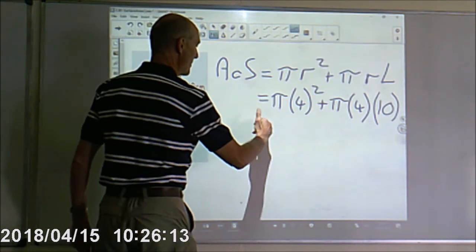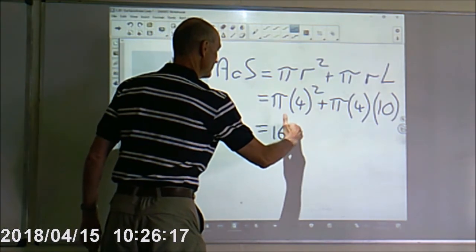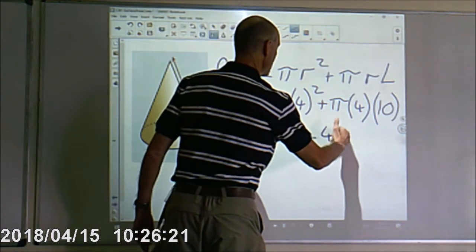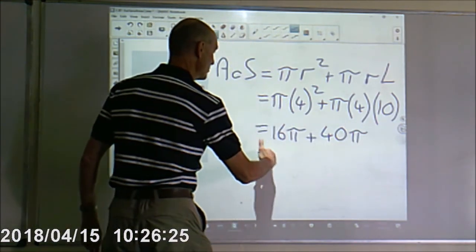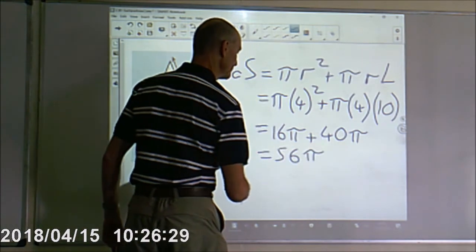So if we multiply that all out, we've got 16 pi plus 40 pi, which is equal to 56 pi altogether.